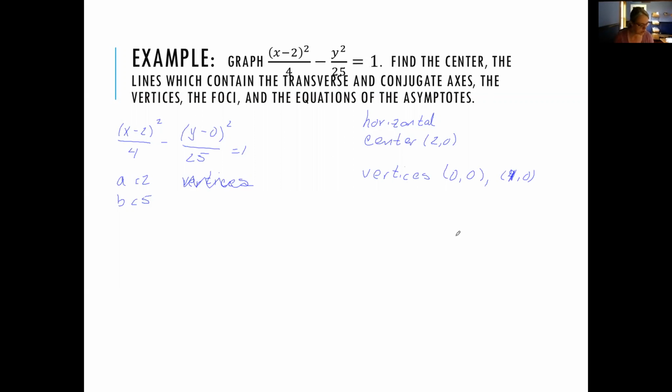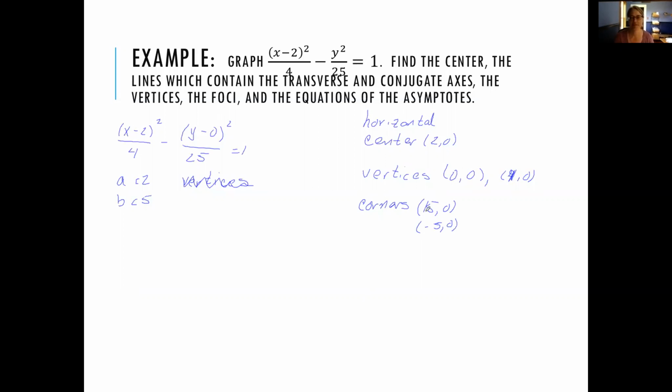Okay. We know that the corners of my reference rectangle are going to be at, let's take this one first, above and below this one. So 5, 0, and negative 5, 0.